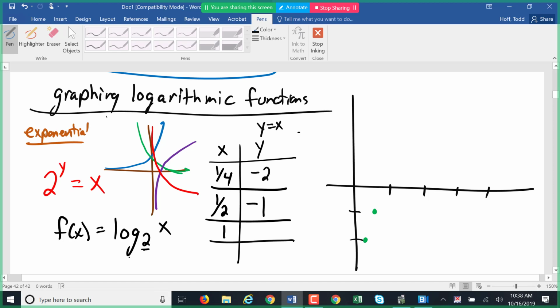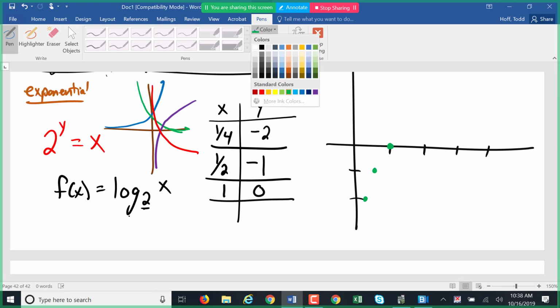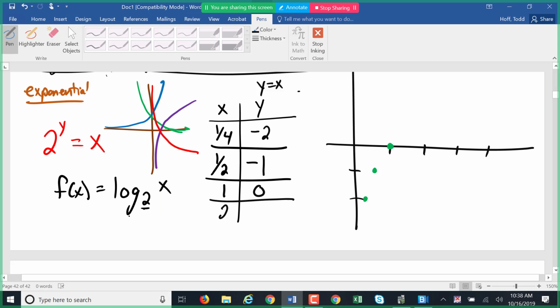If x is 1, y has to be 0 because it takes something to the power of 0 to give me 1. So x is 1, y is 0. If x is 2, well, 2 to the power of 1 is 2. So that gives me the ordered pair of 2, 1.